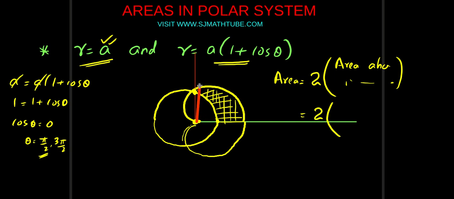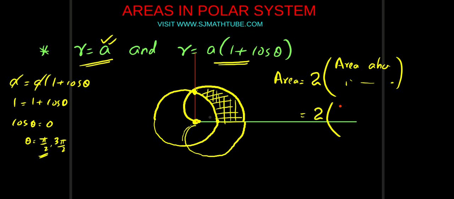You'll get this much area, the whole thing from pole to this much. At the same time, if you use a circle, you'll get only this much area. So it is obvious the required area will be area using cardioid minus area using circle.